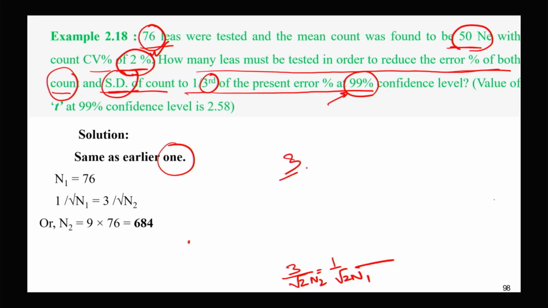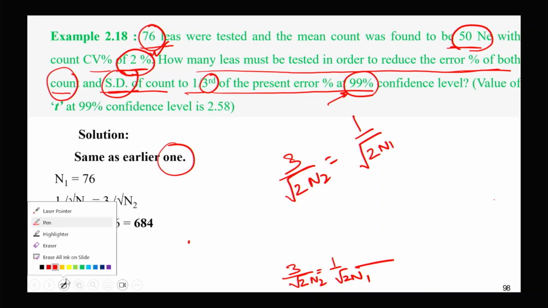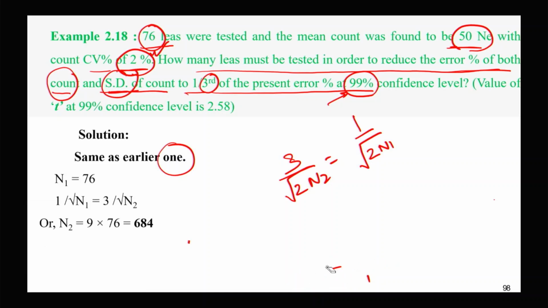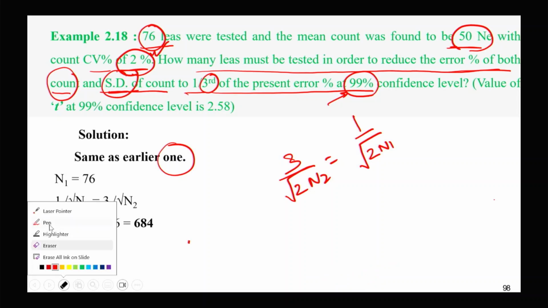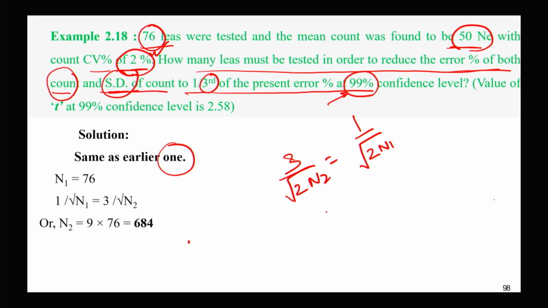So 3 by under root 2 n2 equal to 1 by under root 2 n1. Squaring both sides, 9 by 2 n2 equal to 1 by 2 n1.